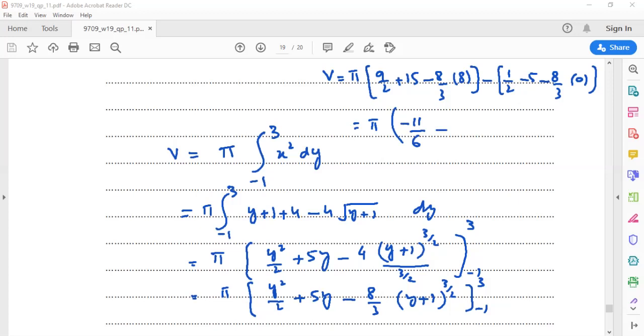And here what comes to us? 1 by 2 minus 5, and this is minus 9 by 2, which will make it plus 9 by 2. So 9 by 2 minus 11 by 6 gives us 8 by 3. So we are left with 8 pi by 3. This is the solution of this part.